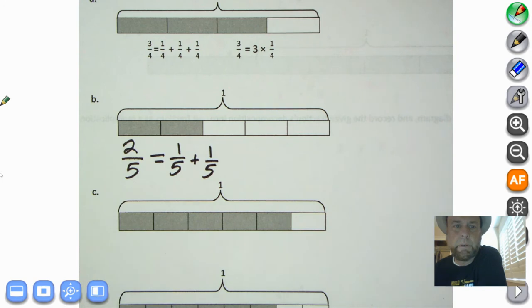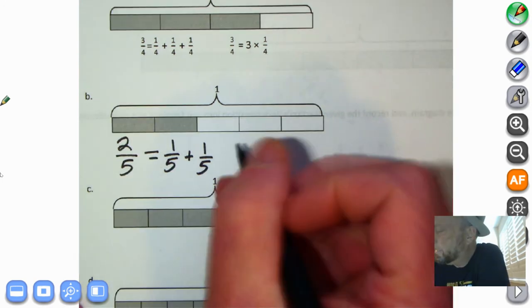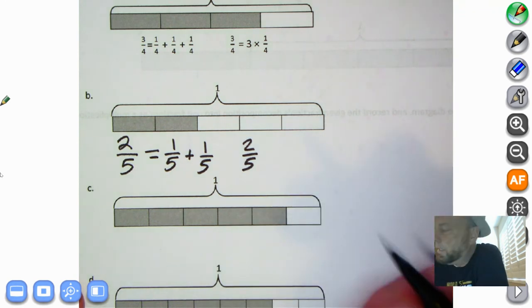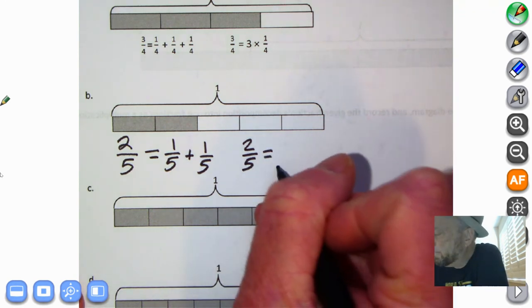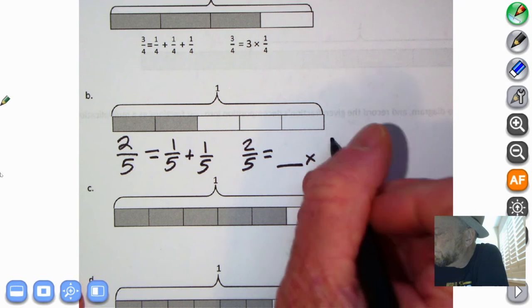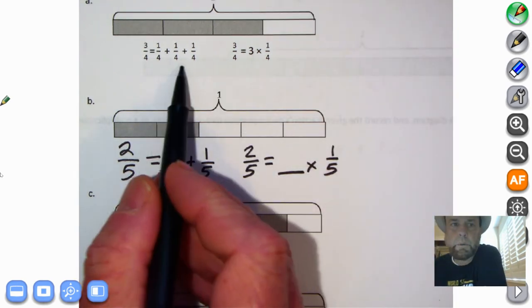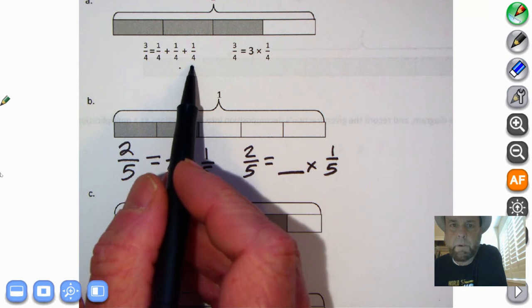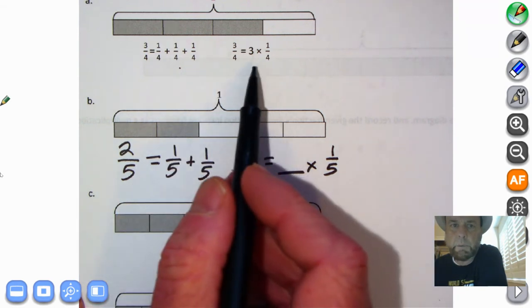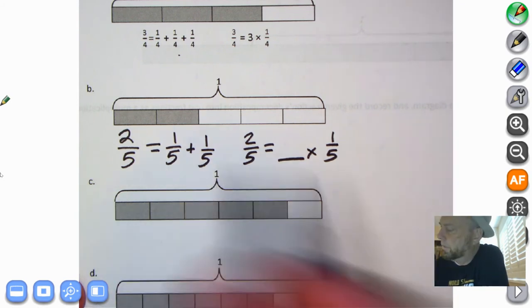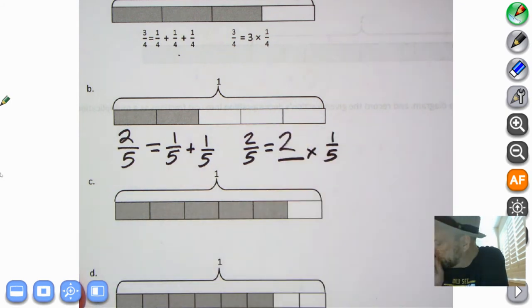Okay, but now we have to do a multiplication sentence. So we're going to do 2/5 equals a number times 1/5. Well, when we go up here, we saw we had 1, 2, 3, 1/4. So we did 3 times 1/4. Well, look at here, I have 2 1/5. So it would be 2 times 1/5.